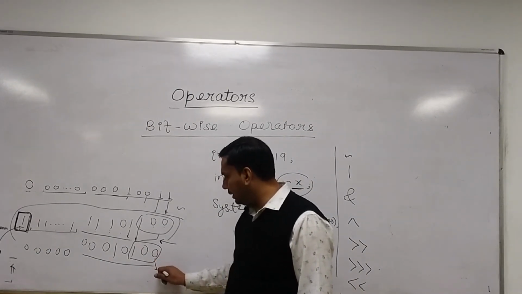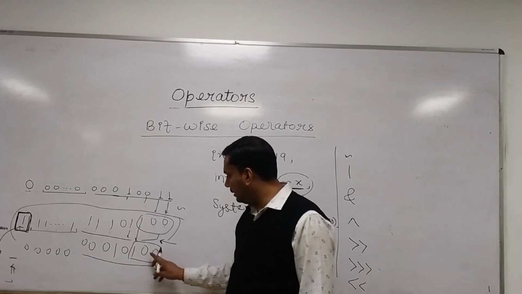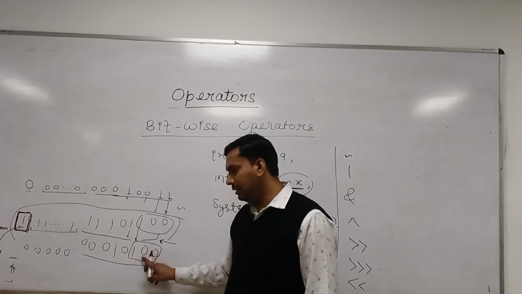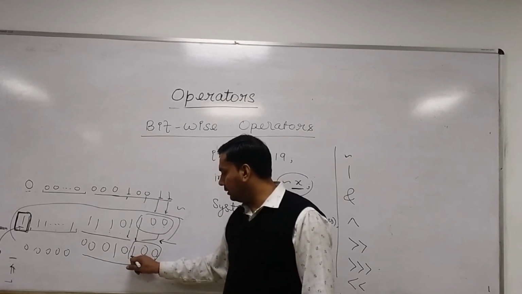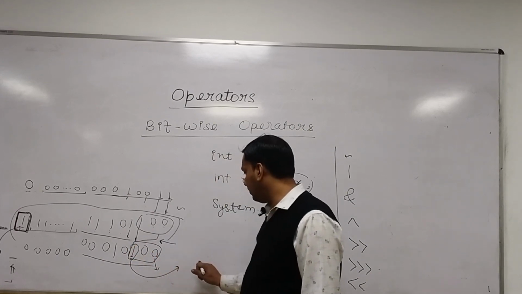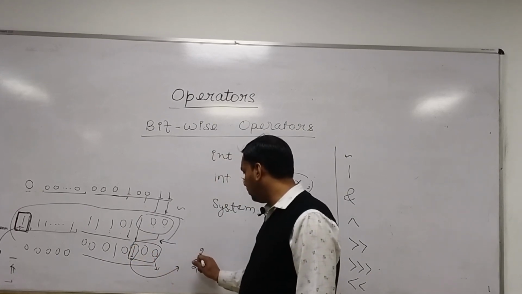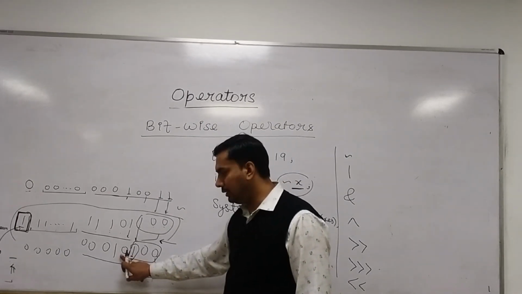So this value is 2 raised to the power 0. It is 0, so you need not consider this. This is 2 raised to the power 1. Again it is 0, no consideration. Then it is 1, so this place value is 2 raised to the power 2. So it will become 2 raised to the power 2 plus, this is 2 raised to the power 3, but it is 0.